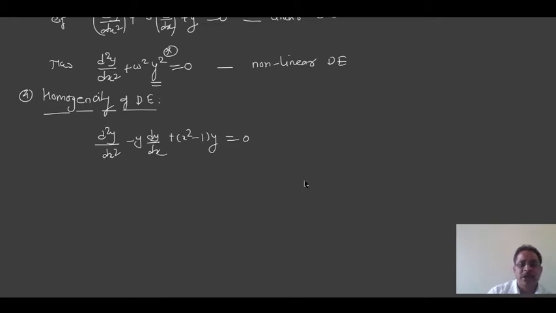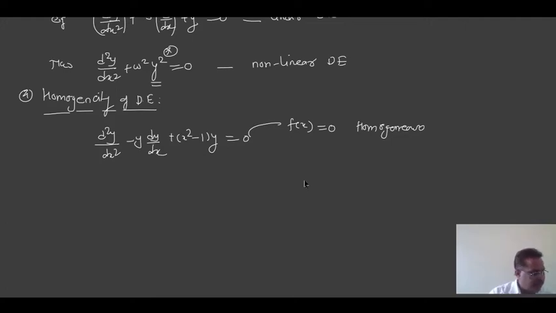Here the term on the right hand side is a function f of x equal to 0. This function doesn't depend upon y, so whether it is some constant or something else, if it is equal to 0, then this function is called homogeneous, or this differential equation is called homogeneous.